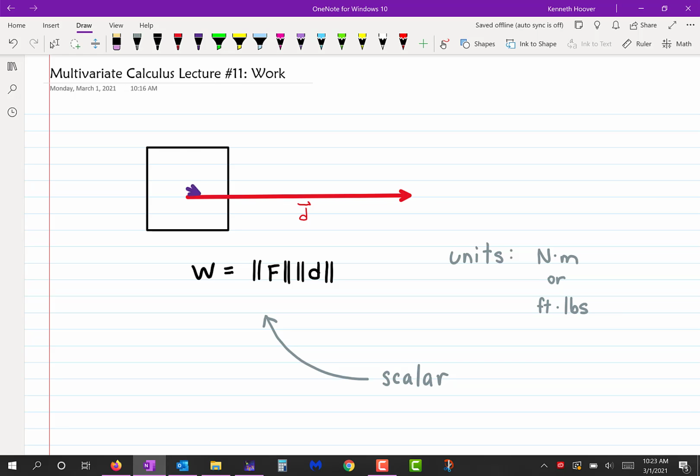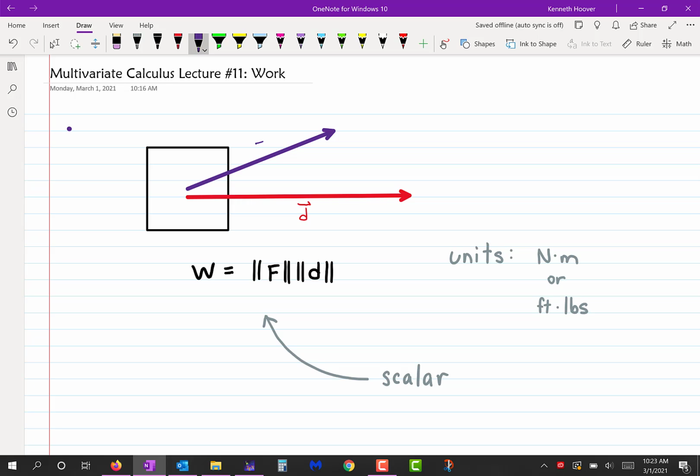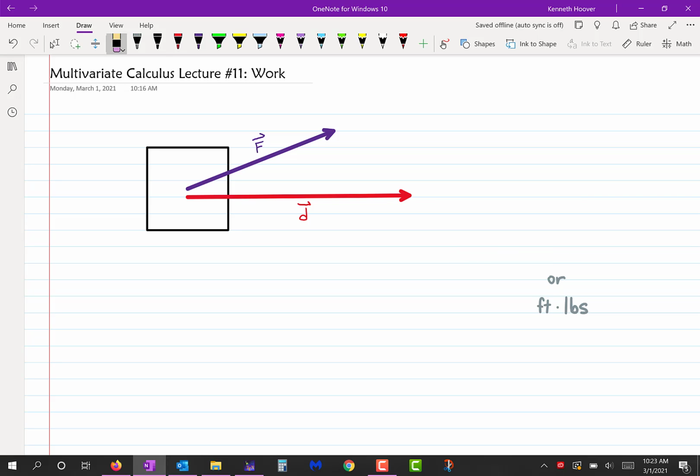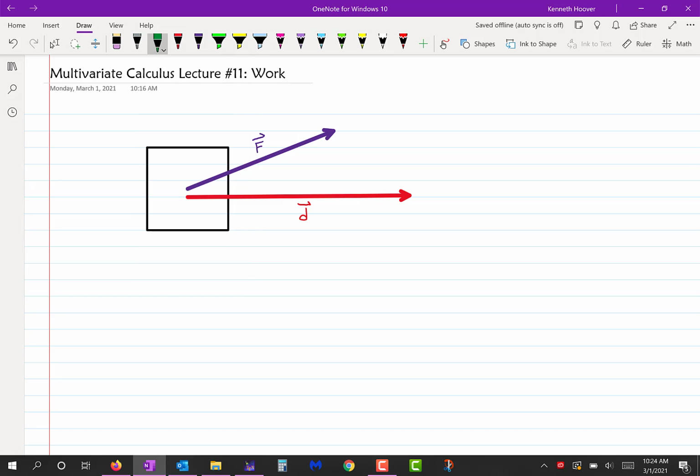Let me draw this time the force going like this. If you're moving something that's really big and heavy, let's erase this stuff, and let's draw the ground here, and let's draw you.